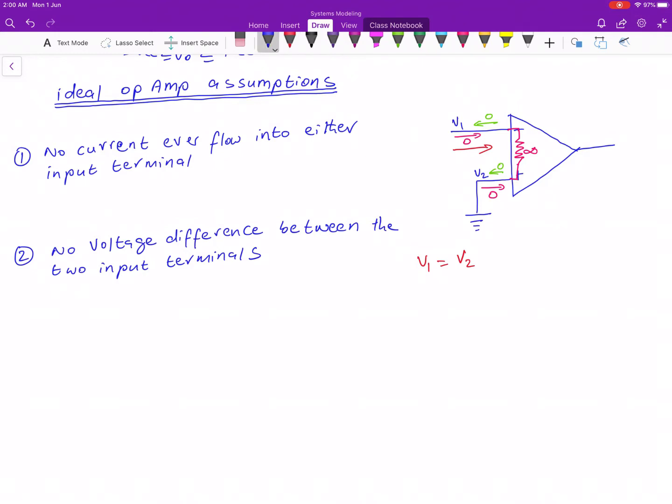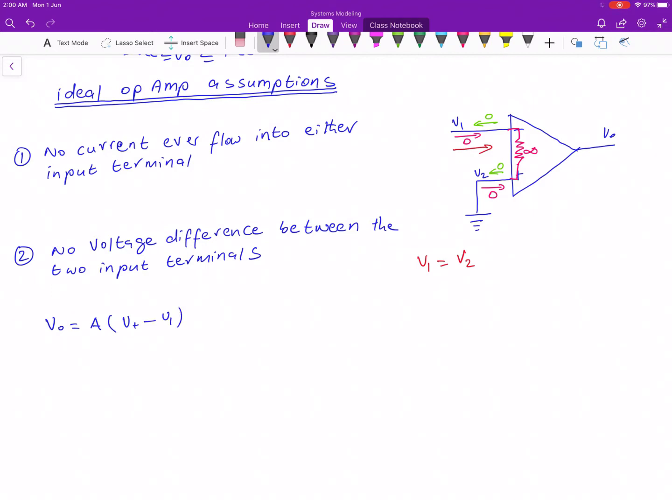Now, assuming that this amplifier has a high gain, and we know that amplifiers do have high gain, then V naught is equal to the gain times the difference between your V2, which is your V plus, and your V1, which is your V minus.